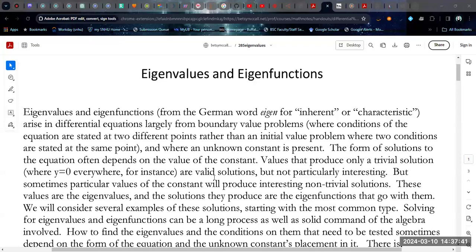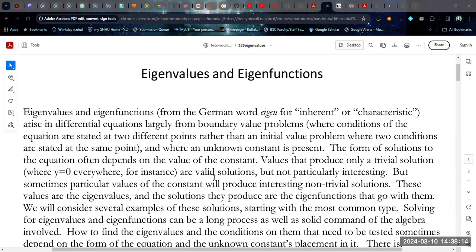And we want to walk through some methods for solving those problems so that we don't only end up with trivial solutions. Now, the concepts that we're going to be working with here are eigenvalues and eigenfunctions. And you may be thinking, eigenvalues and eigenvectors, I may have done those in linear algebra. These are related concepts, but now we're working with functions as our vectors.